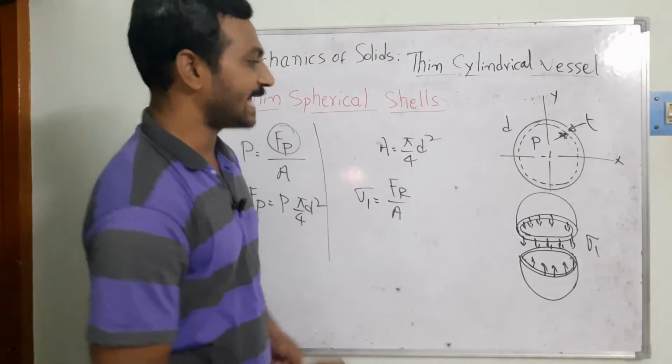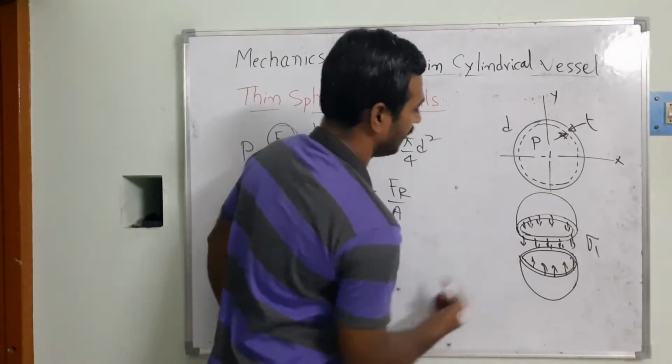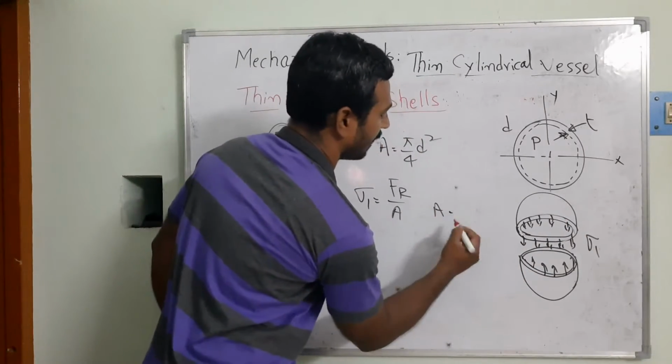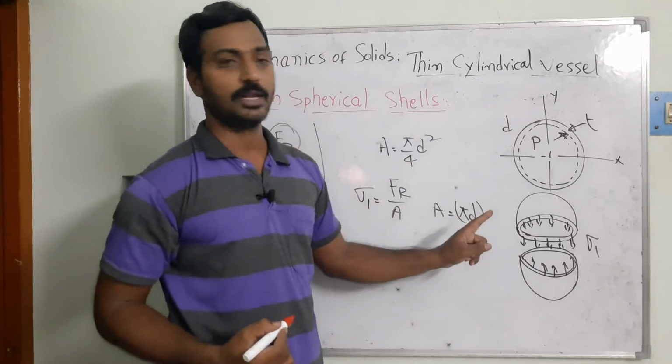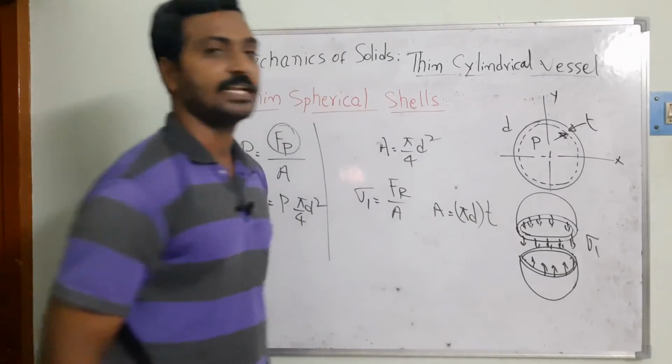It acts on the circumference of this material, so the area is pi d, the circumference of the spherical shell, times t, the thickness of the member.